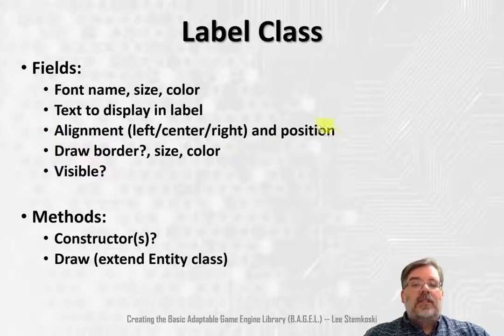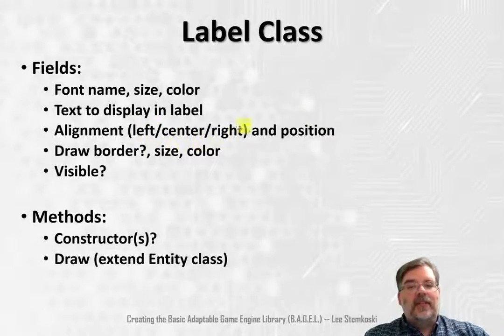So in addition to specifying a position, we'll also want to specify what part of the label that position refers to. And here we'll just limit ourselves to using that position as the left side of the text element, the center of the text, or the right side of the text. And this will allow us to more closely line things up within corners.